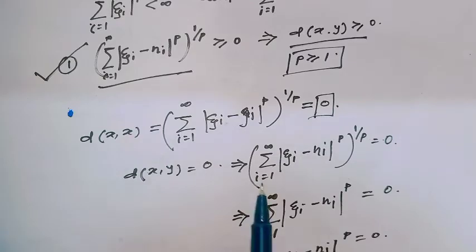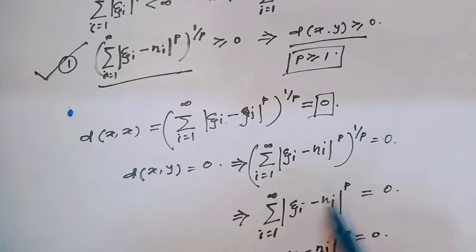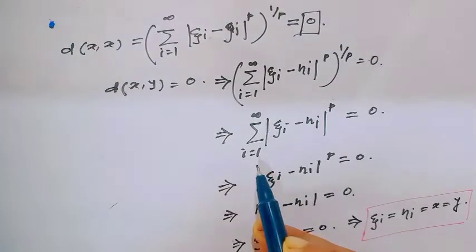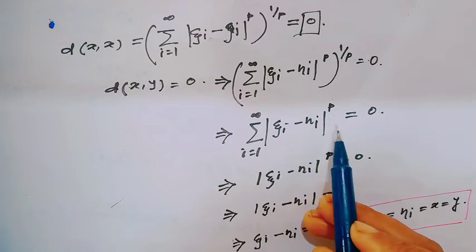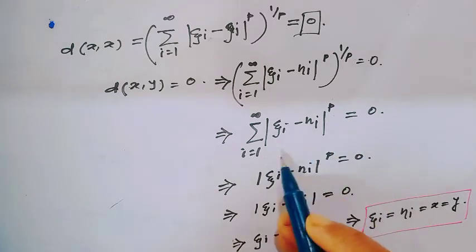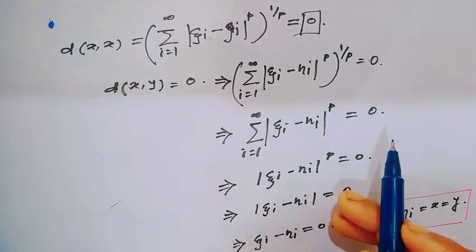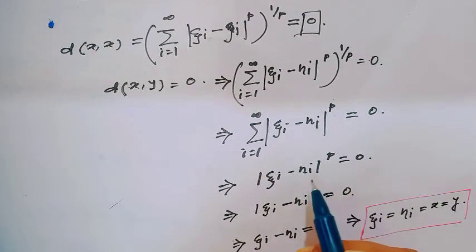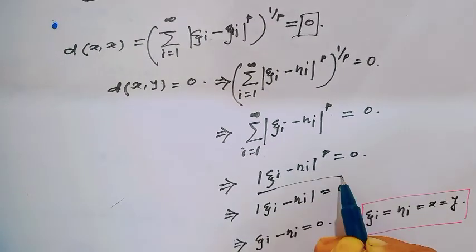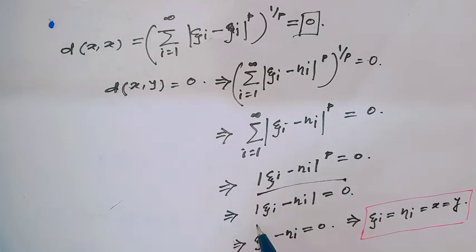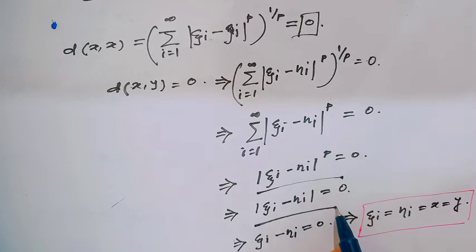Conversely, d(x, y) equal to 0 implies the summation from i equals 1 to infinity of |xi_i minus eta_i|^p equals 0. Since a sum of positive terms equal to 0 means every term is equal to 0, the absolute value of xi_i minus eta_i equals 0.